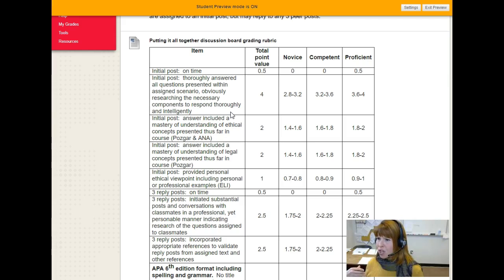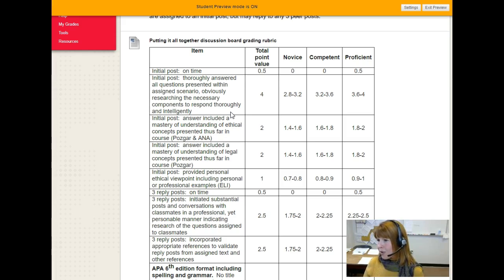It may be asking you how you might have responded if you were the nurse in a situation. And in those particular cases, you may want to talk about your ethical lens inventory results. You may want to talk about the ANA Code of Ethics and how you follow that code of ethics as part of your professional practice.